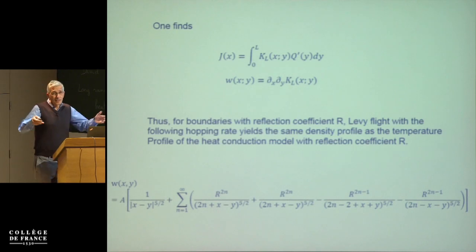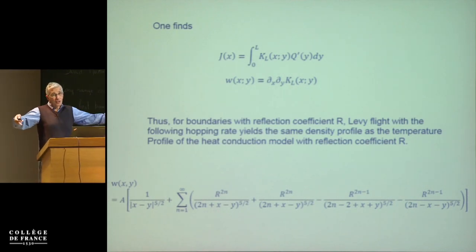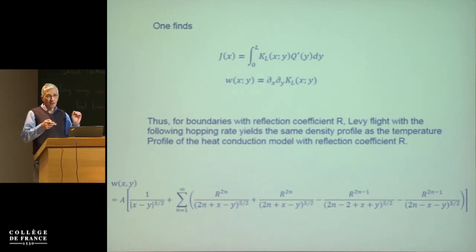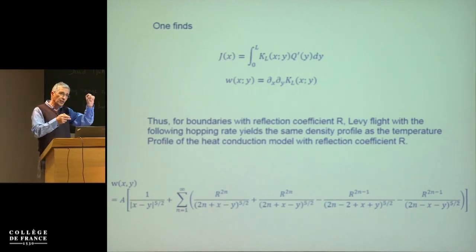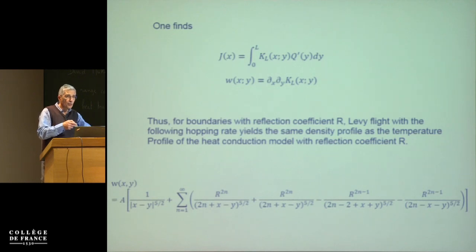Now, you can generalize the model and take some reflection coefficient. That is, whenever a particle hits the boundary, it is reflected and continues the walk into the system in a reflected way, and it hits the target within the system after a reflection with reflection coefficient r.